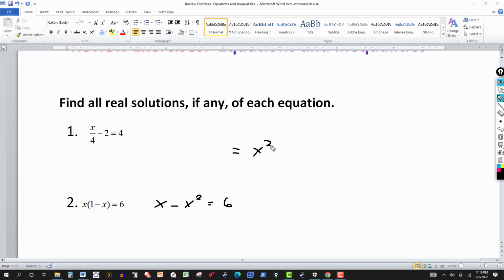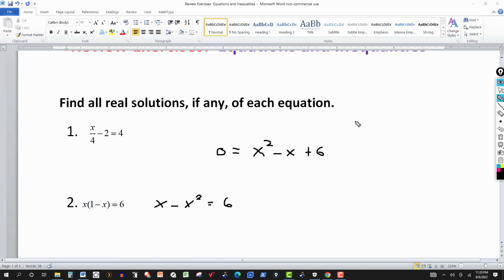I'm going to move it to the right side. That gives x squared minus x plus 6 equal to 0. It's still the same equation. One side is 0 already, so that's ideal. We want to factor it, so we try to factor it. It doesn't factor. So then we use the quadratic formula.